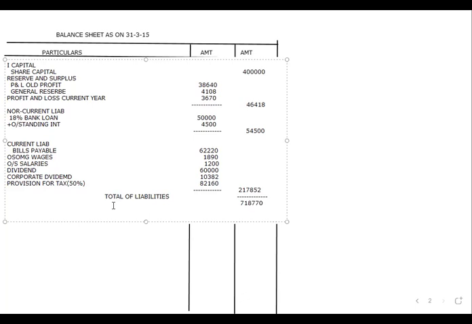So first part is done. Then I'm going to go with the second part, that is assets. So in this one, the first fixed assets we are going to have, and that too tangible. So in this tangible, I had done with my plant and machinery.